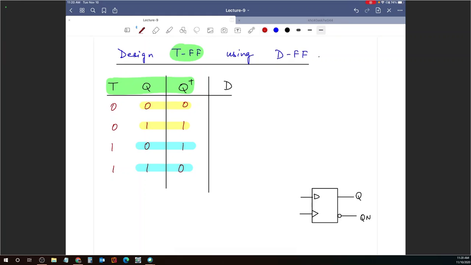We need to figure out what we need to provide as an excitation to the given flip-flop to achieve toggle functionality. So we need to figure out what the last column is going to be. So what should I enter at the last column? Same as Q plus. Perfect.